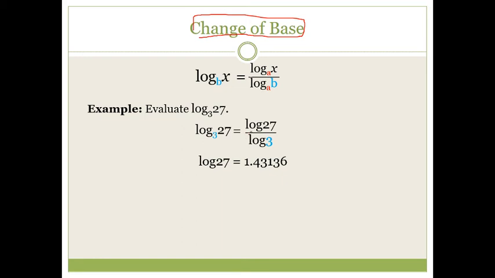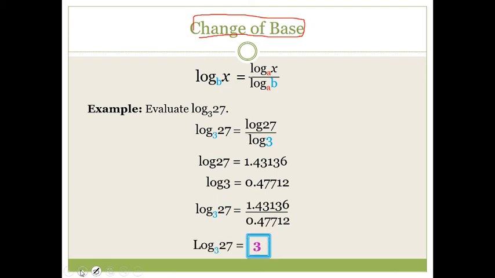If you hit log 27 on your calculator, you get this value. And if you plug log 3 in on your calculator, you get this value. And then you would divide them. When you divide them, you get that log base 3 of 27 is 3.